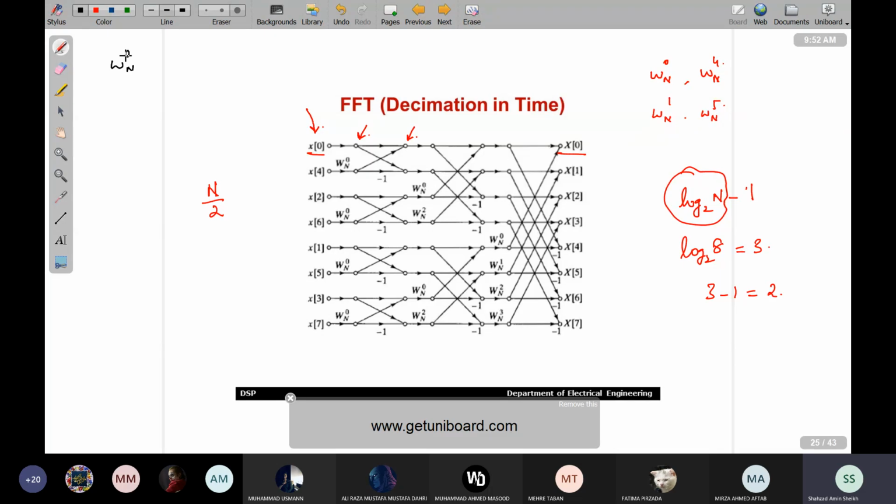WN0 जो है is equal to minus WN4 है, you can calculate it.